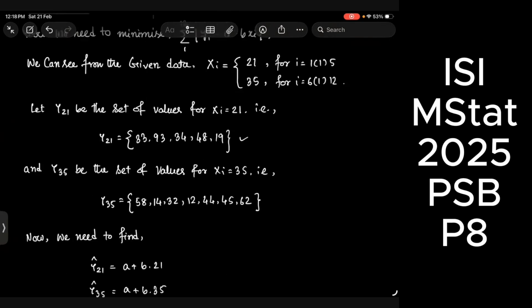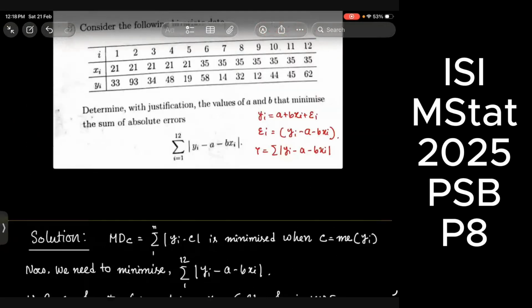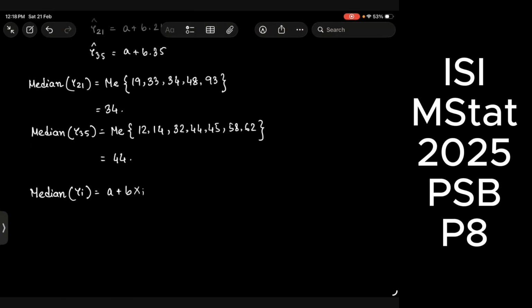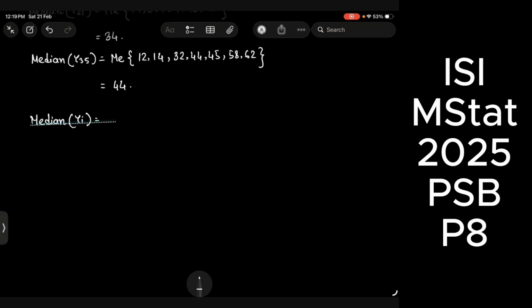Tell me once more what you are saying. I mean, y is not equal to a plus b x, right? So we cannot write that the median of yi is equal to a plus b times the median of x. Right, right. Actually, we are trying to find out this thing. Just leave it at that.